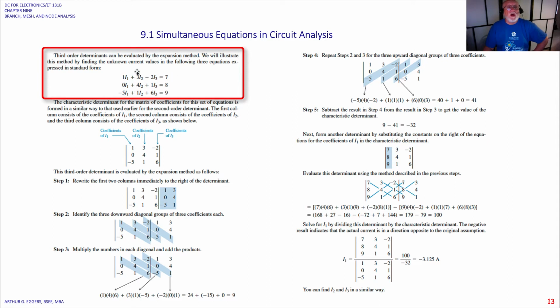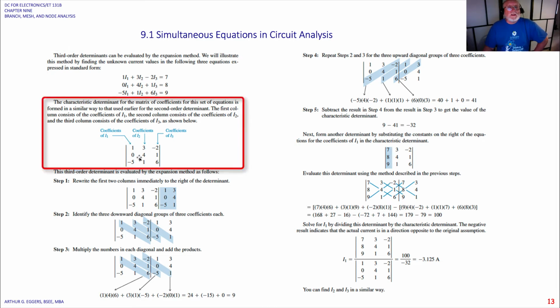Column 1 is all I1, column 2 is all I2, column 3 is all current 3, and then our voltage values. So now when we place these in the array, in the matrix, then this is A11, this is A12, this is A13. So A11, A12, A13, and so on until we take every one of our coefficients and place it into the matrix.